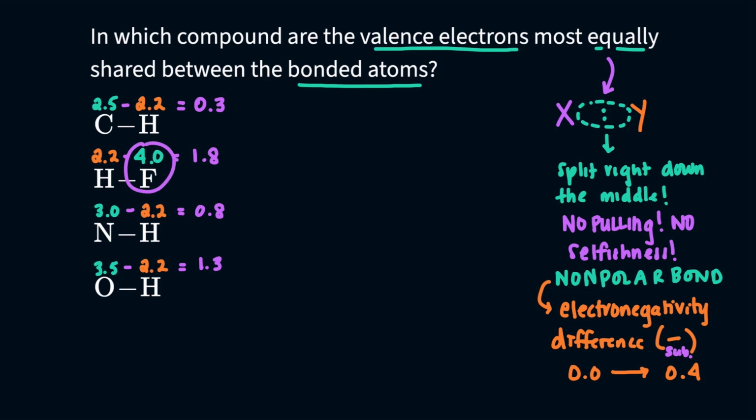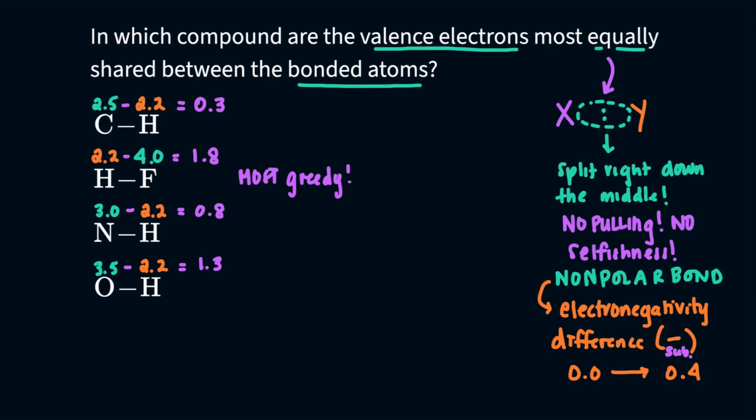And as we've seen, this is the highest electronegativity difference. We did say that fluorine is the most electronegative element, so it's going to be the most greedy, the highest difference. That means that in this bond, those electrons are going to be super close to fluorine. But we don't want that. We want most equally. So that means that we want the lowest value.